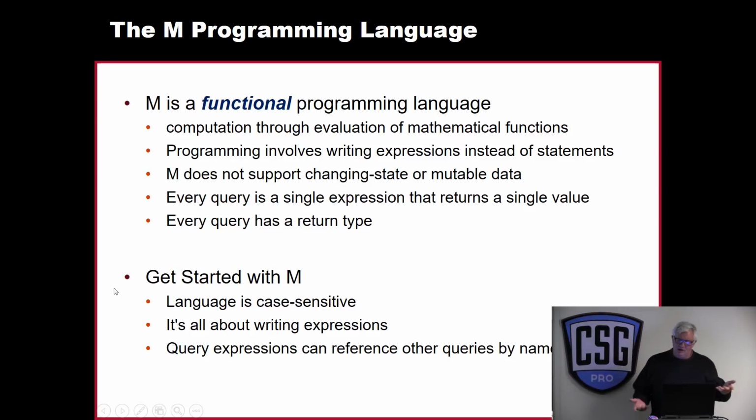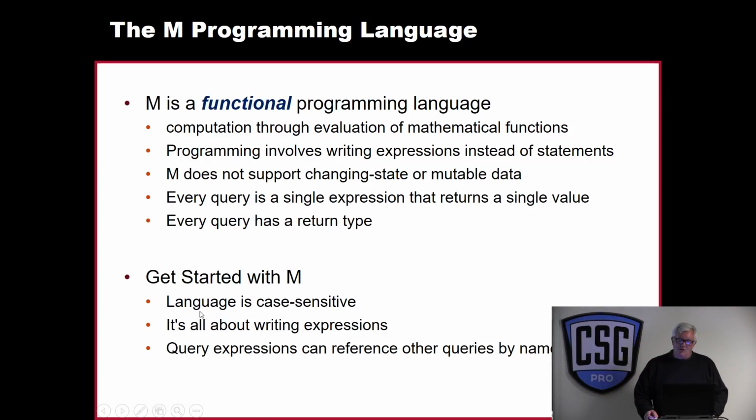What we're going to see is that we write a bunch of different expressions instead of writing statements. Every query is a single expression that returns a single value. That might not mean a lot now, and hopefully after half an hour of talking about this and looking at the language, that will start making sense.